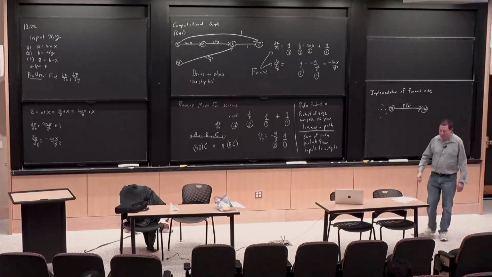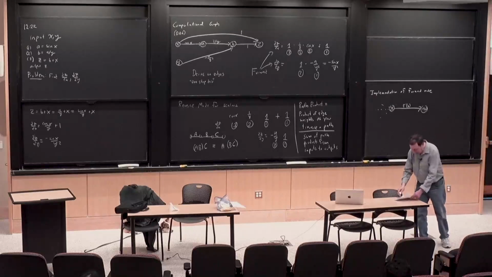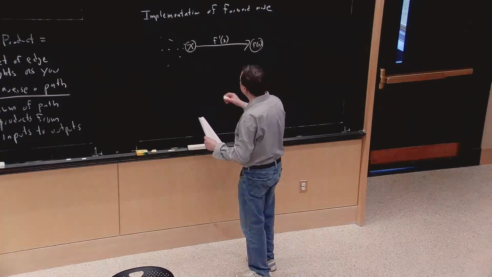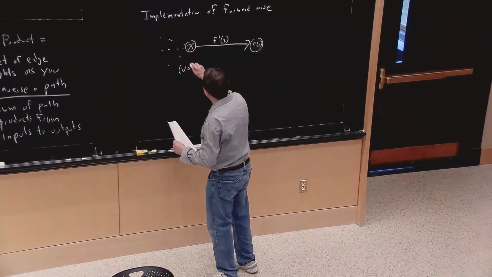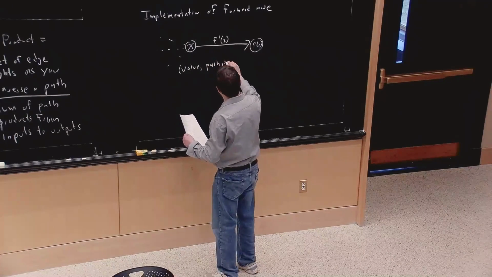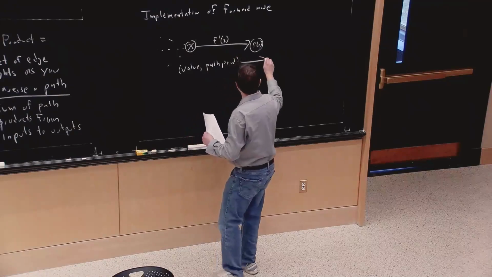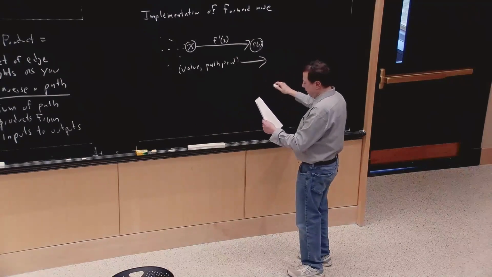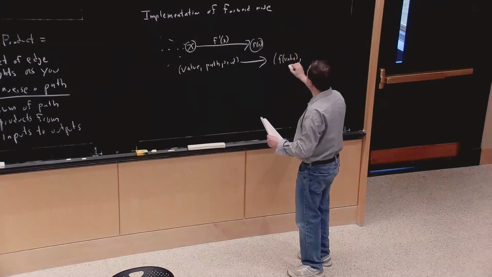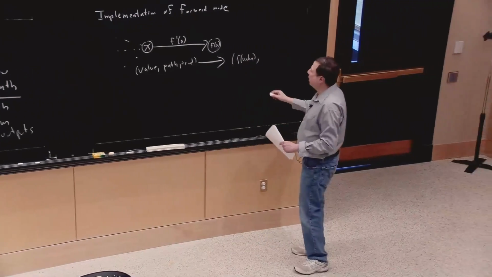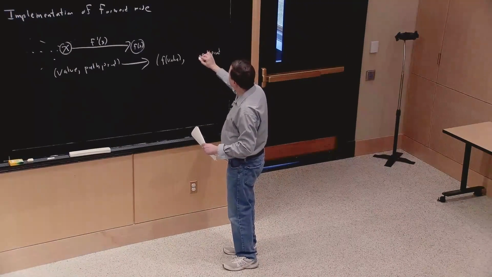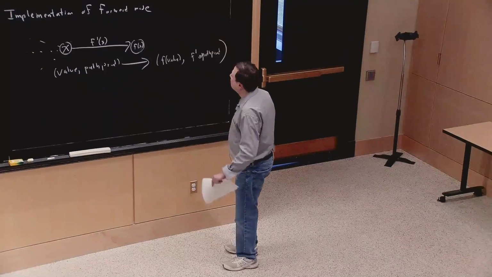So one way or another, I need a data structure that will take the value here and the path product, and it'll give me f of the value if I just want to run the algorithm, and I need the path product times f prime.